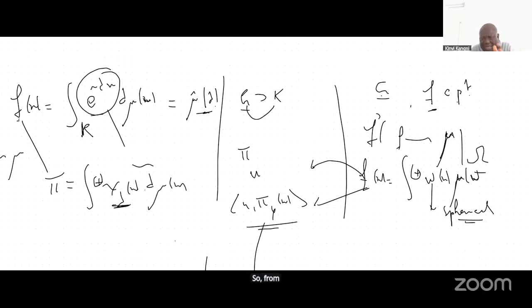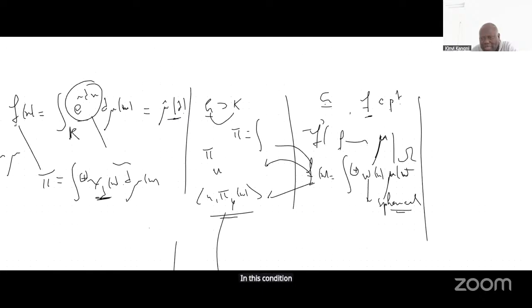So from this disintegration of F, you can also obtain the disintegration of the associated representation of F. When I pick F in this condition, you can associate a bounded measure on your space of spherical functions of positive type, such that this function of x can be written as the direct integral of spherical functions against mu.